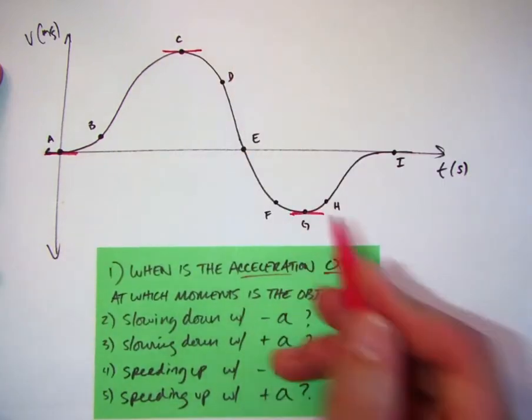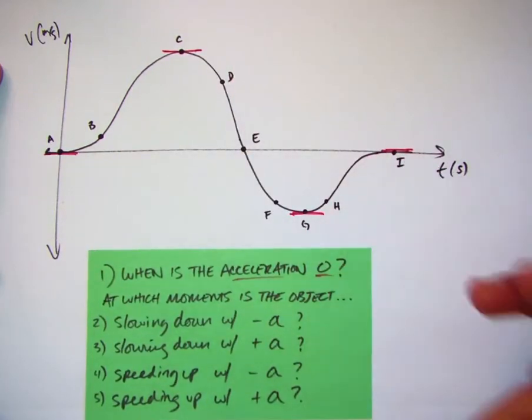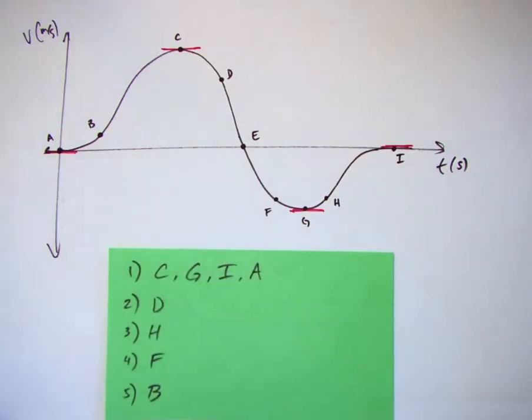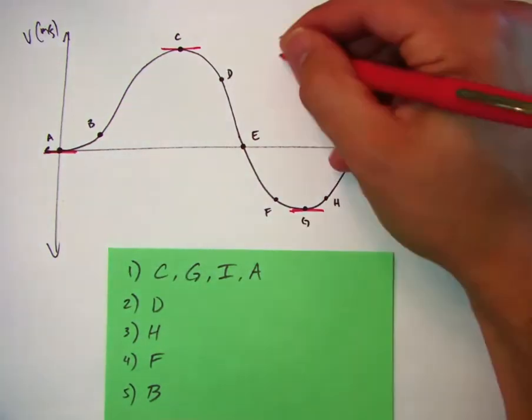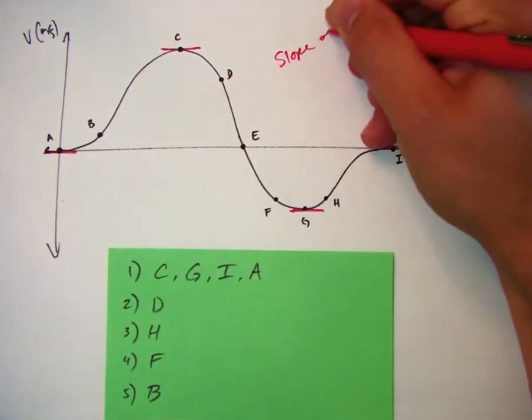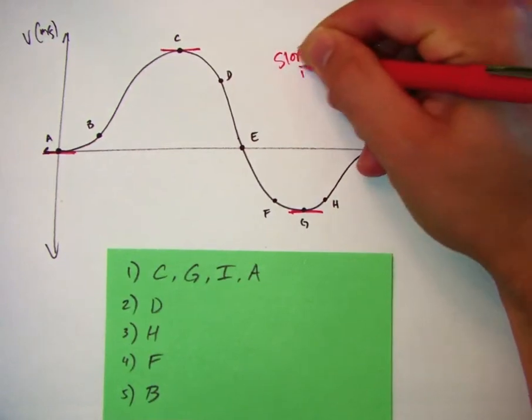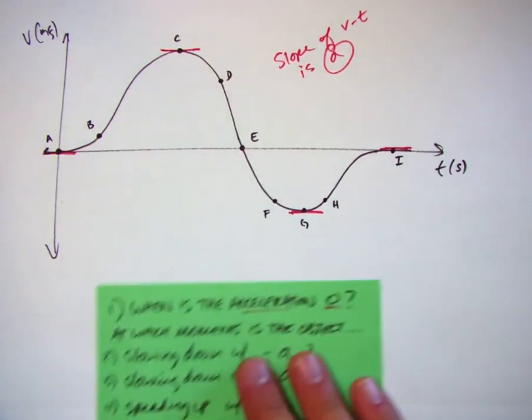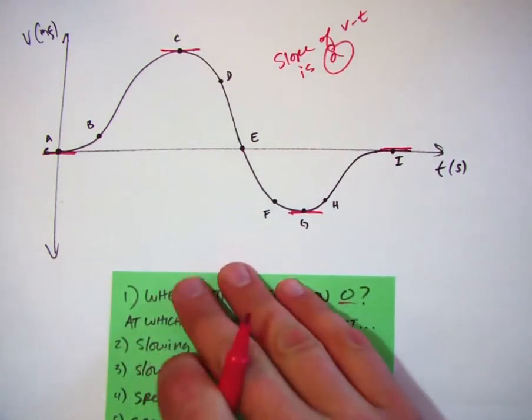Point C, point G, and point I. So C, G, I, and A are all positions on the graph where the slope of the VT graph tangent line is 0. Therefore, the acceleration is 0. Remember, slope of VT is A.